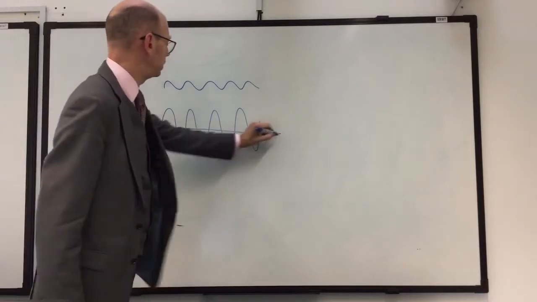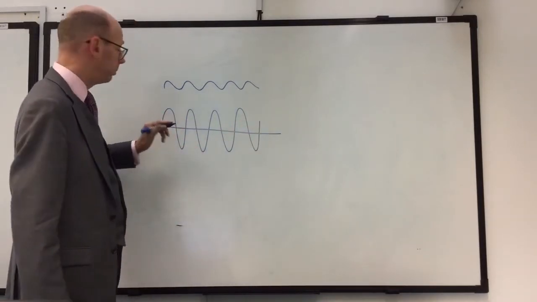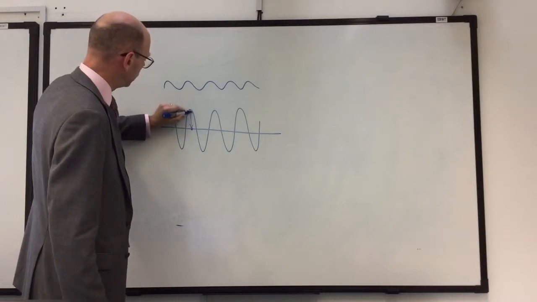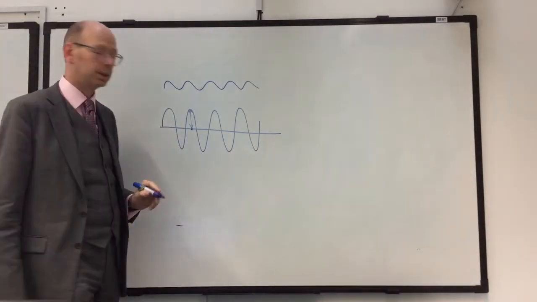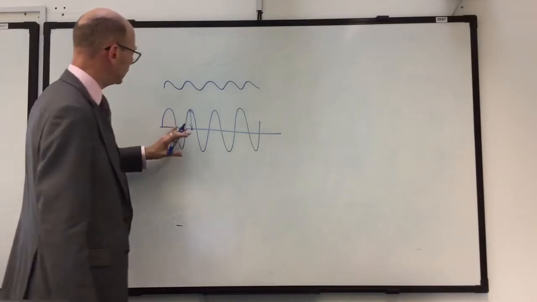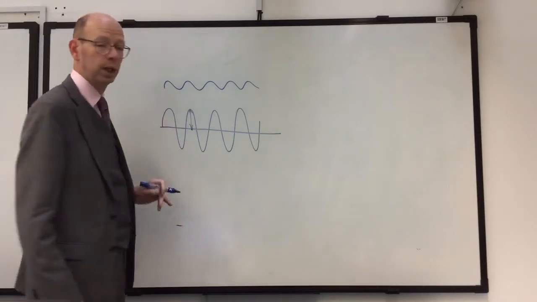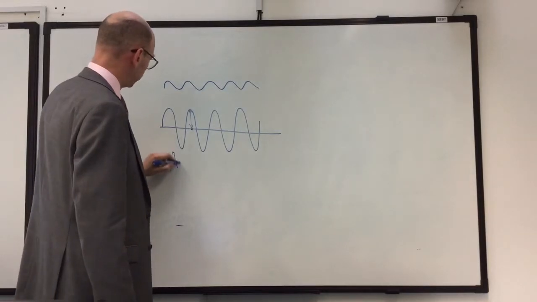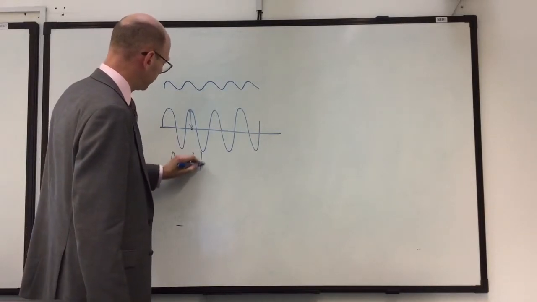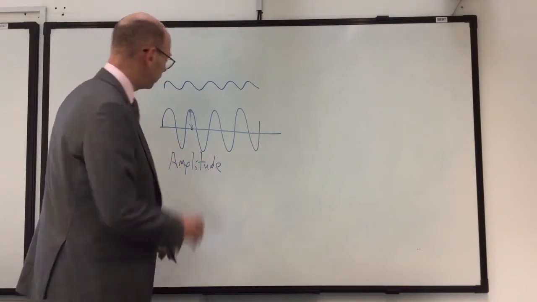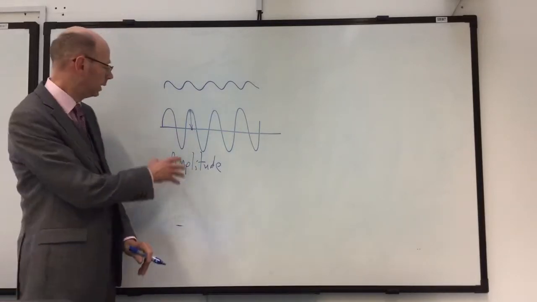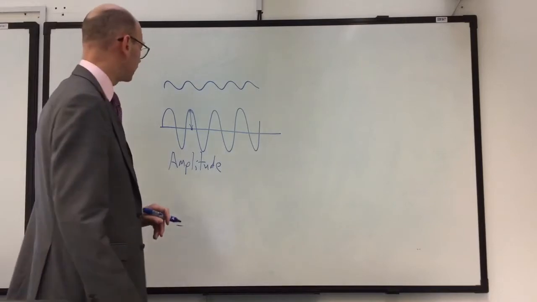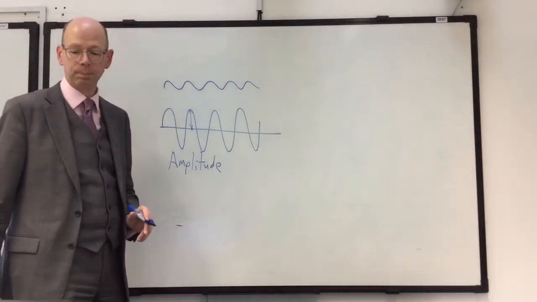And we define the amplitude by taking the middle, or the equilibrium position, and looking at the distance between the middle and the maximum displacement. So the amplitude is the distance from the midpoint to the top of a crest, to the point of maximum displacement from equilibrium. Notice, by the way, you can define amplitude perfectly well just using a diagram like that. You don't really need words. A diagram like that defines amplitude perfectly well.